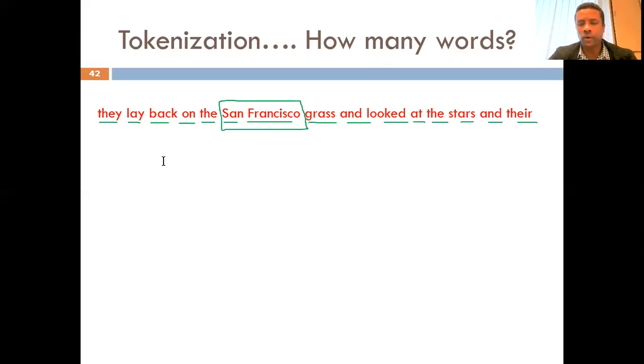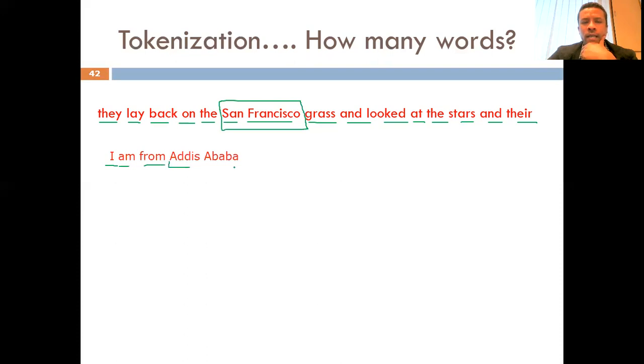Yeah. So if I write it like this, how many words do you have in here? 5.